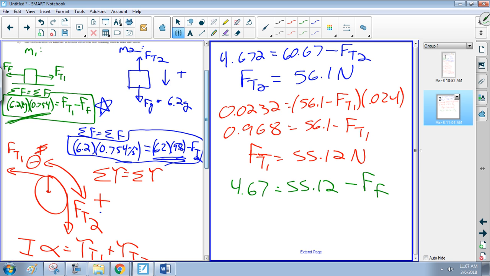So solve this, and your force of friction ends up being 50.4 newtons. All right? So that is how you do that. Systems of equations.